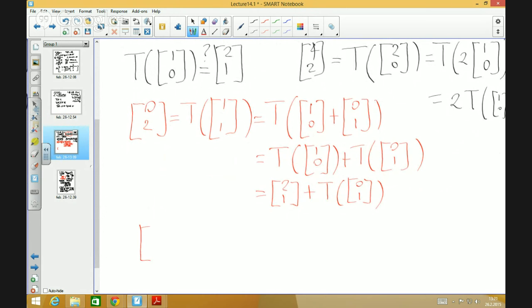Okay, let's summarize what we figured out so far. Now, forget about division. Think subtraction. If these were numbers instead of vectors, how would you solve this equation to figure out what T of (0, 1) is?